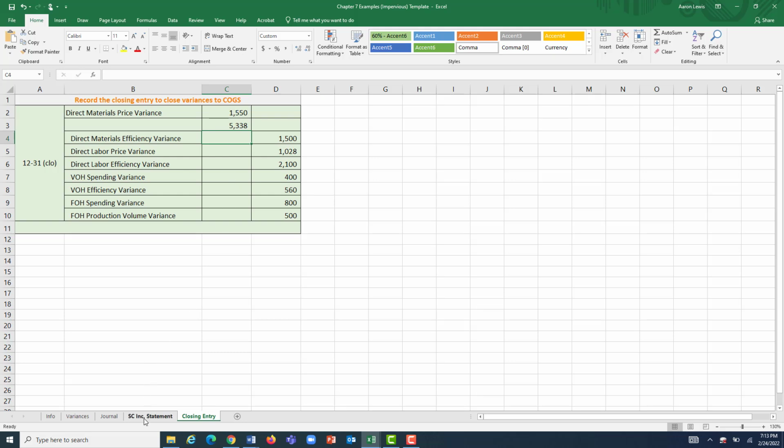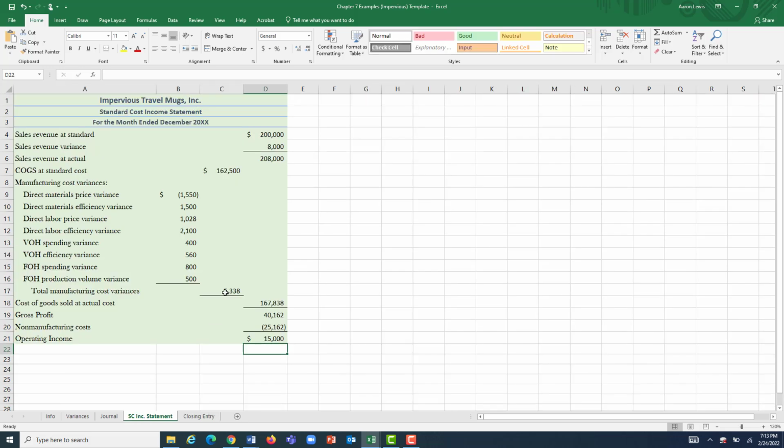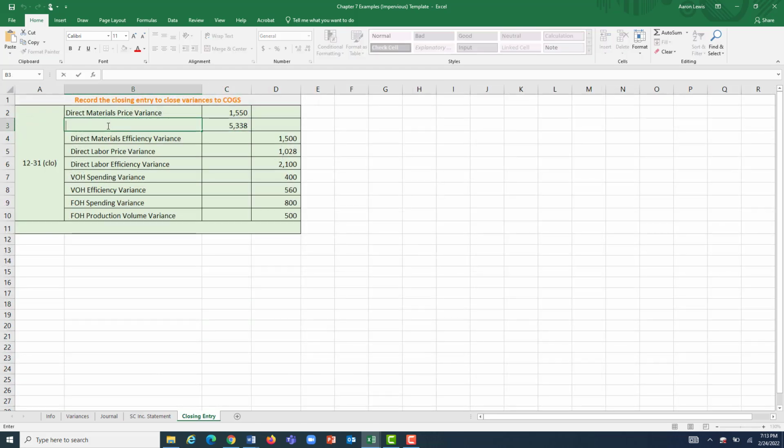Well, if I go back to our standard cost income statement, that was the total amount of variances that we had. It was in fact the amount that we had to increase our cost of goods sold by from the amount we recorded at standard to get it up to its actual amount. We are going to close each and every one of these variance accounts to our cost of goods sold, and I'm glad that it's a debit, because that's what it should be, because we increased our cost of goods sold on our standard cost income statement.